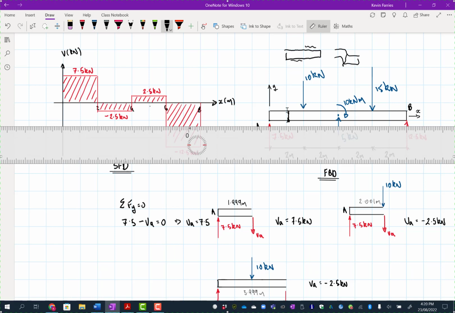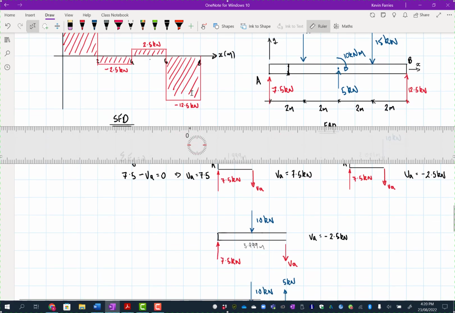And eventually it'll just split across there. Okay, so that's a shear. And so this is just a measure of how much shear is going across this beam at any one point. That's what we're talking about here. So the highest shear in this beam is at this end, and it's a negative shear, so it's trying to deform like that. Okay, next one.